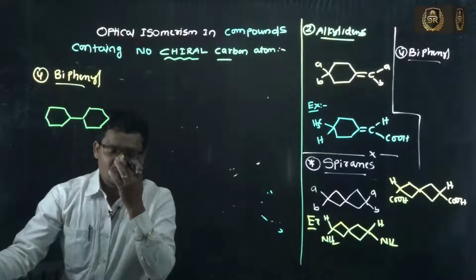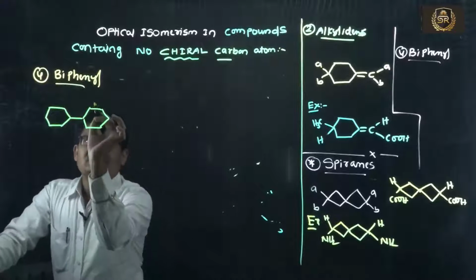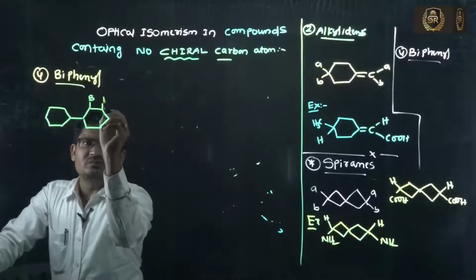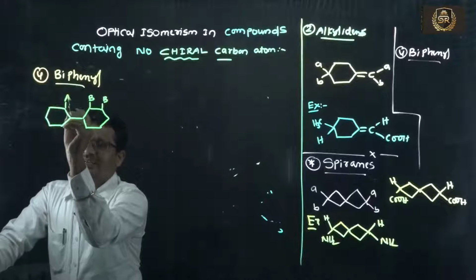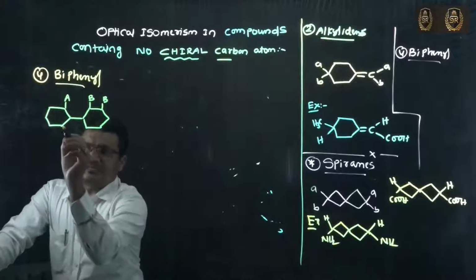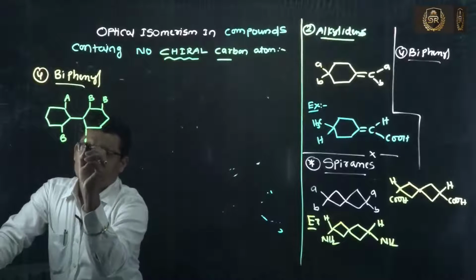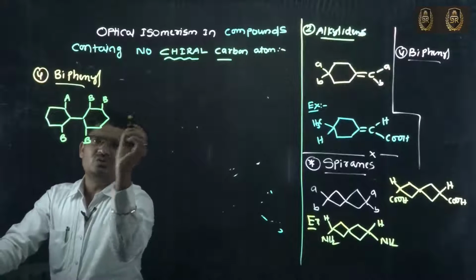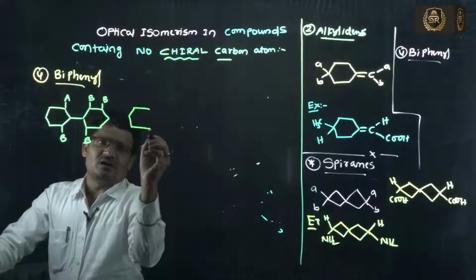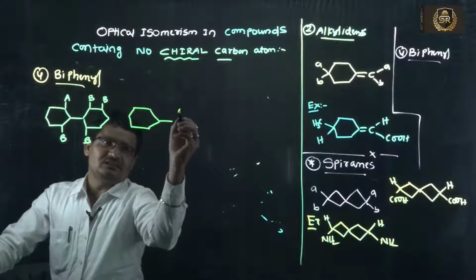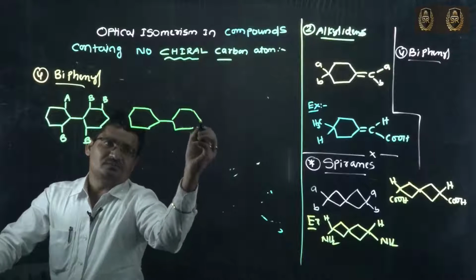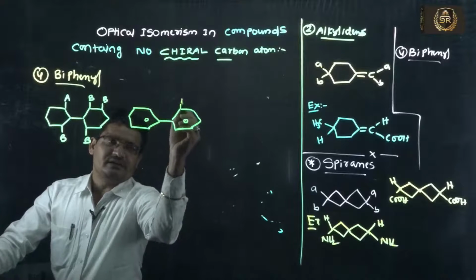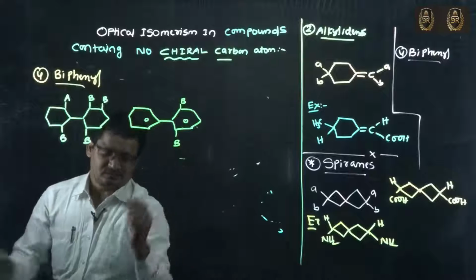One phenyl group, I am writing here side B and here side also B, and here side A, and the bottom side B and this side B. So how to identify that? Now this side also one compound like this and this is another compound, which contains this side B and here side also B.